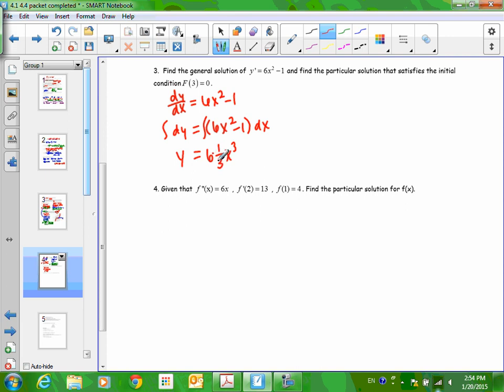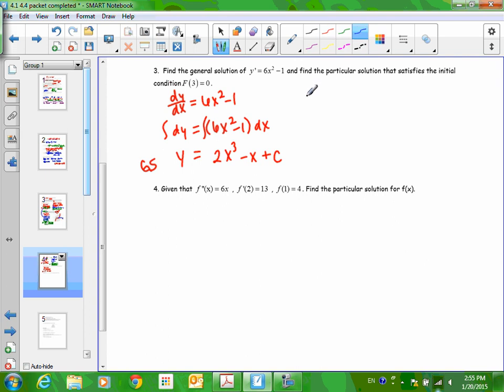You can leave it as 6 times a third, or in this case, because I'm going to do something with it, it may be helpful to go ahead and write that as a 2. If you can figure that out in your head, all the better. So you have options here. All right, what was next? Minus, what was the antiderivative of -1? x, and then plus c. So this was my general solution.